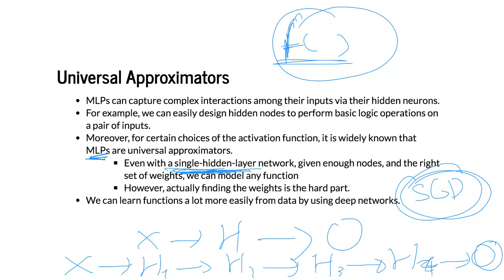For each layer, I will have a weight matrix W1, W2, W3, and so on. In this case, SGD is powerful enough to find the weights. And that's the reason people are using deep neural networks and not just single layer neural networks in practice. That's why deep learning has been so powerful and so popular.